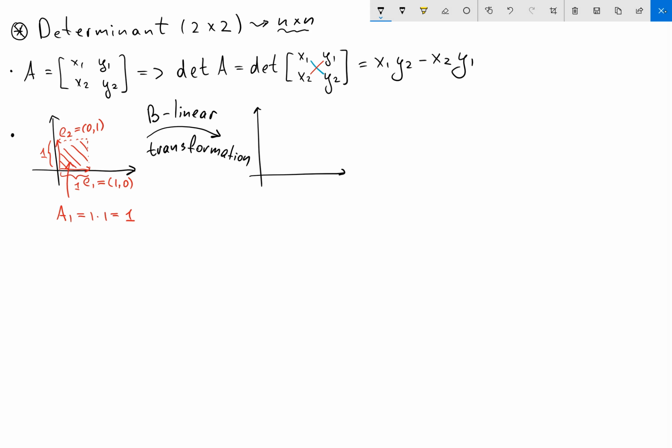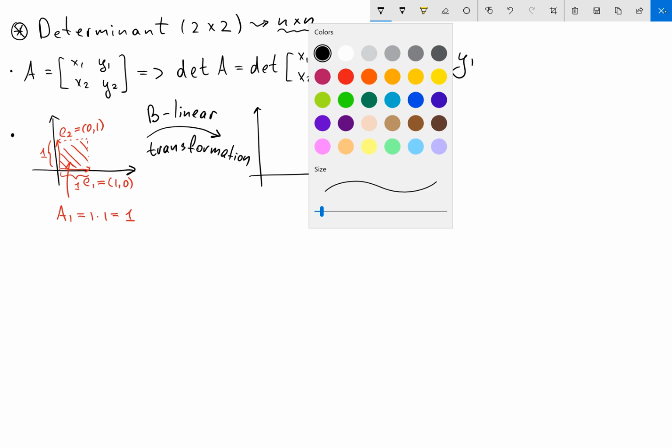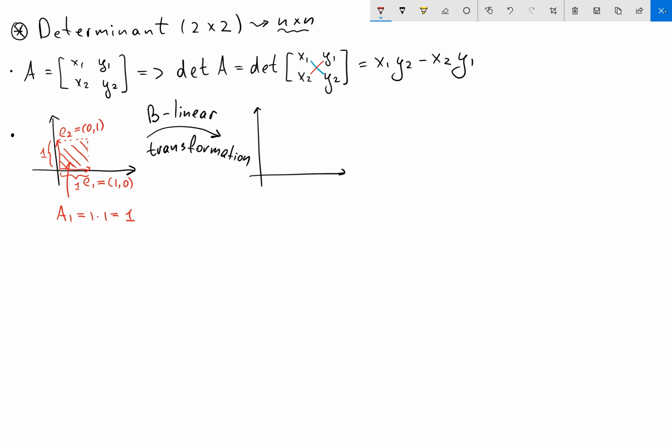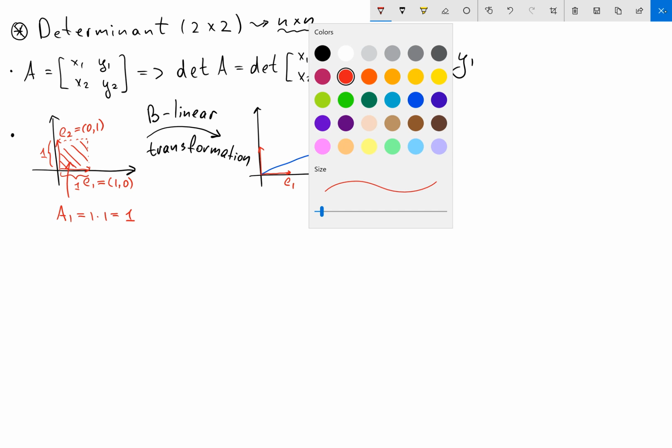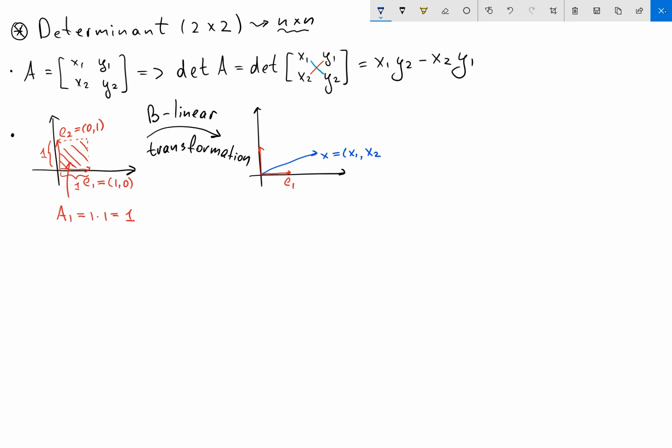But let's forget about linear transformation so far, and think about our transformation in the following way. We have vector e1, and we transform this vector e1 to some vector, let's say vector x, with coordinates x1 and x2. Similarly we have vector e2, which we transform to the vector y with coordinates y1 and y2.